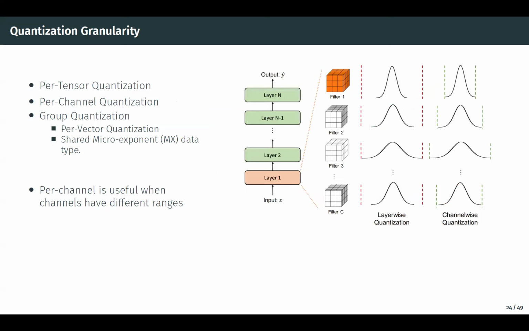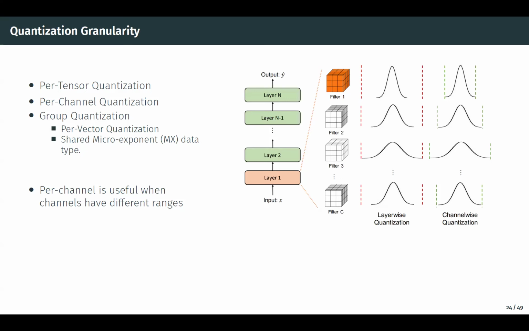So then this lets us move into the next part, still on how to quantize. We have just talked about quantizing a tensor, but in a neural network, we have several layers and several tensors. Then how do we quantize? We could do it per tensor. Basically, you can do it by every filter, you can do it per channel, or we can do it per group.